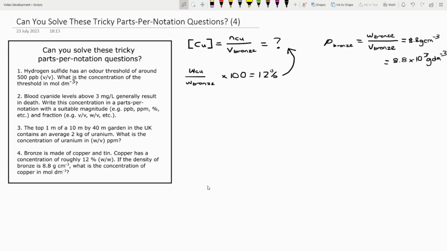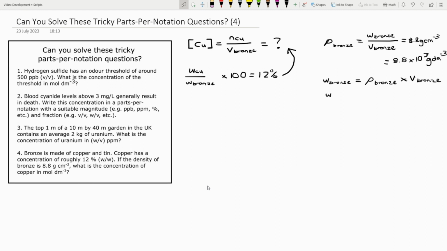Okay, so we've got one part of what we need. We can substitute the density into this equation to get it a bit more like this top equation. The way we do that is we rearrange this equation so that W bronze is equal to the density of bronze times the volume of bronze.